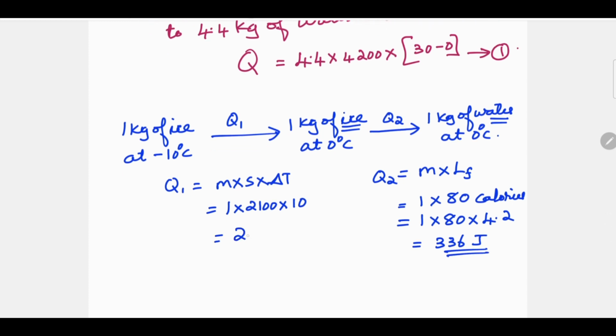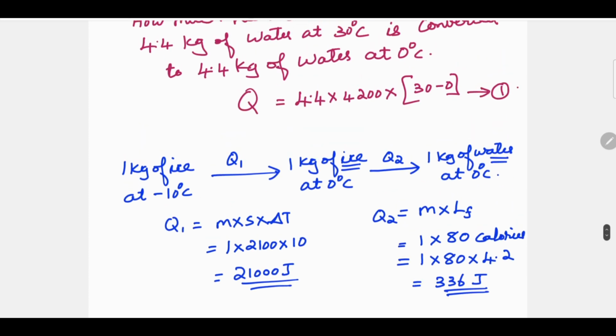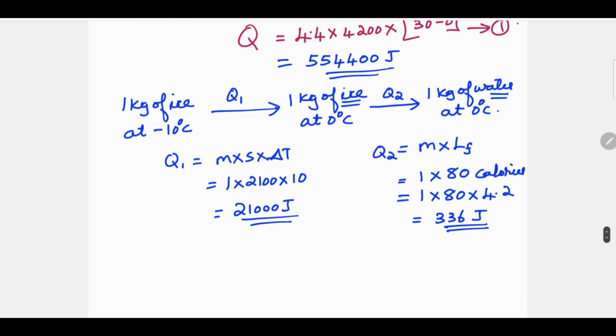Now here you will get 21,000 joules. Now here the total value will be 554400 joules. So we can conclude that Q is greater than Q1 plus Q2.